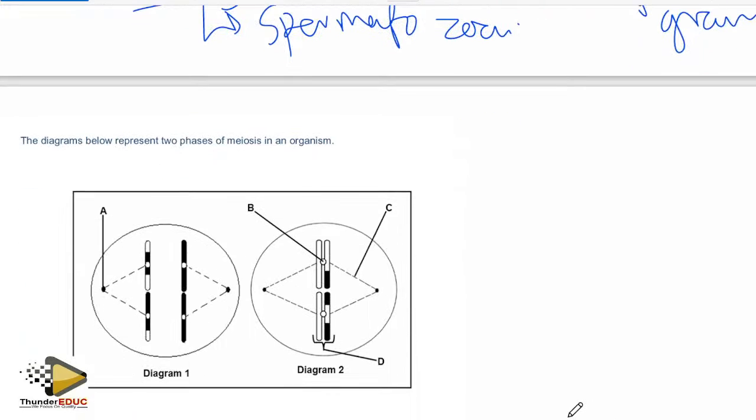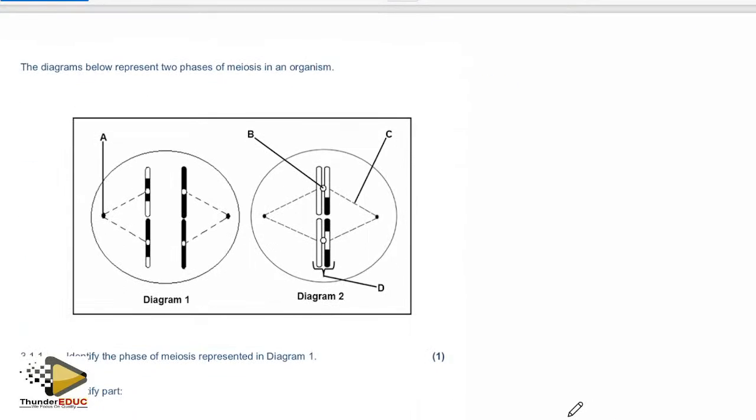Question three. They are saying that the diagram below represents two phases of meiosis in the organism. Before you go for anything, I told you always label. So this is the centriole.